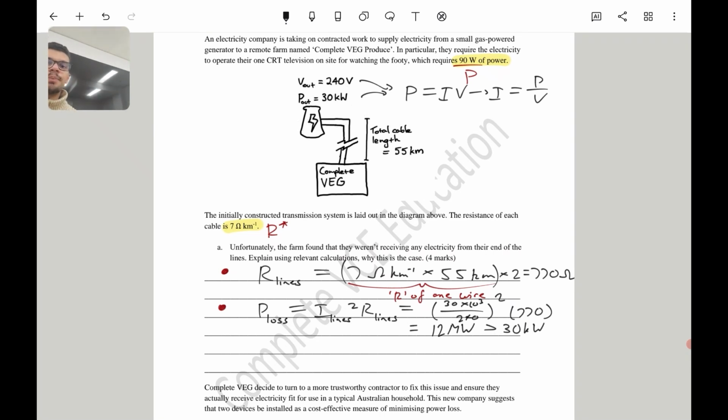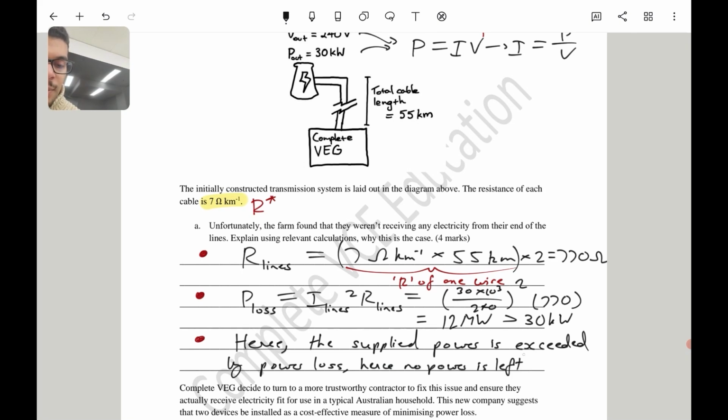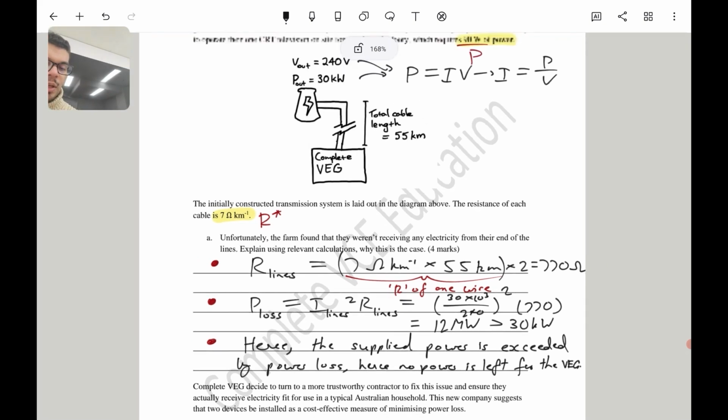So what we can say here is, hence, the supplied power is exceeded by the power loss. Hence no power is left for the VEG. Okay, perfect.